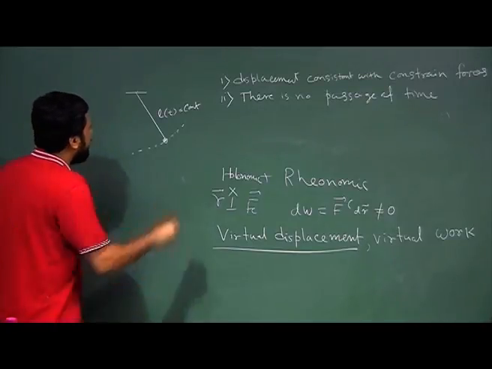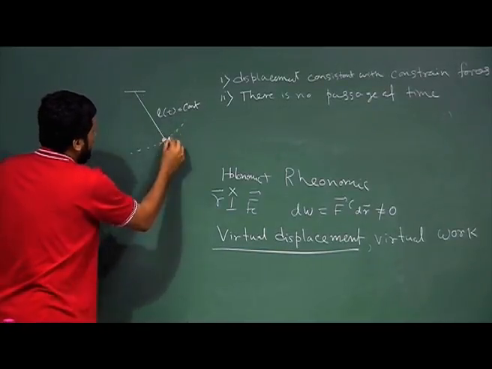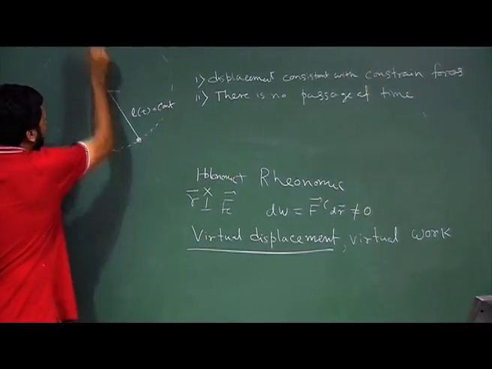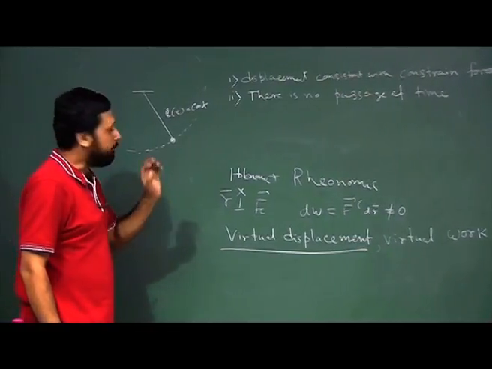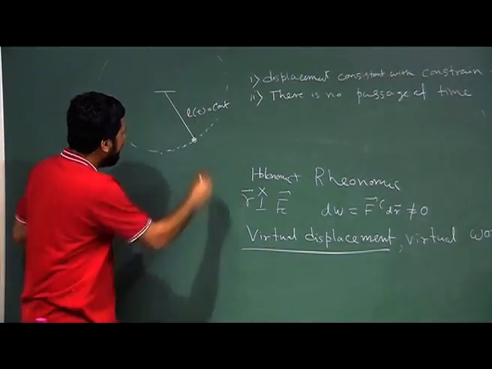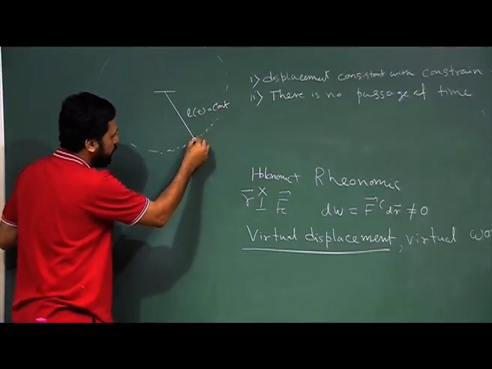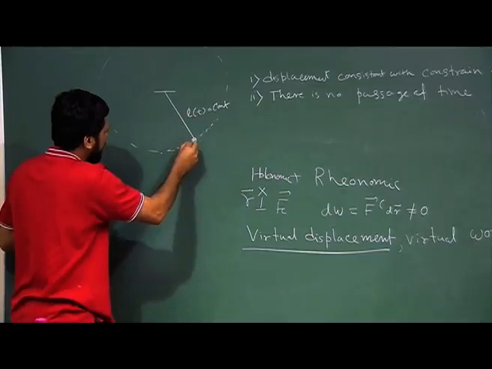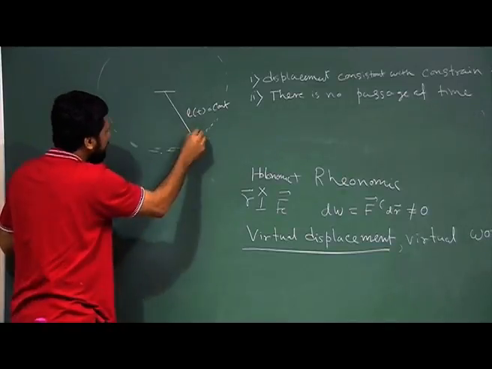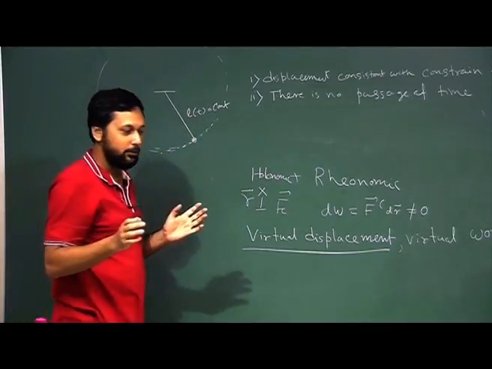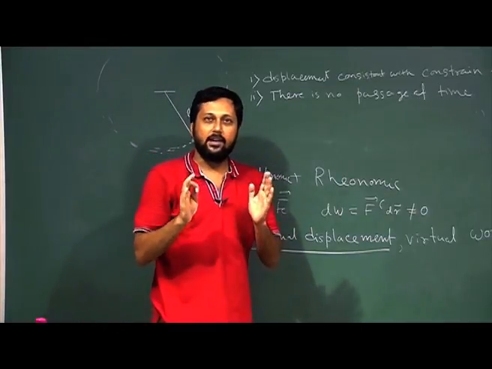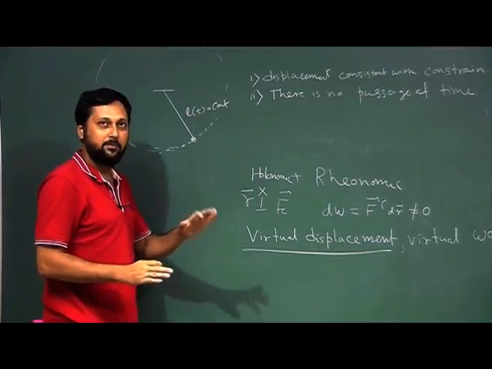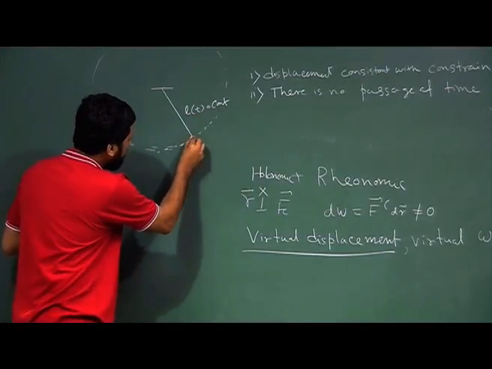What I mean is, if I draw a circle of radius L, in the actual situation, because L is a function of time, I have shown you already that the bob will not traverse along this circular path, but will deviate from it. But if I assume that time has not elapsed during a displacement, then the length, which is a function of time, remains unchanged. So it has to follow this path.